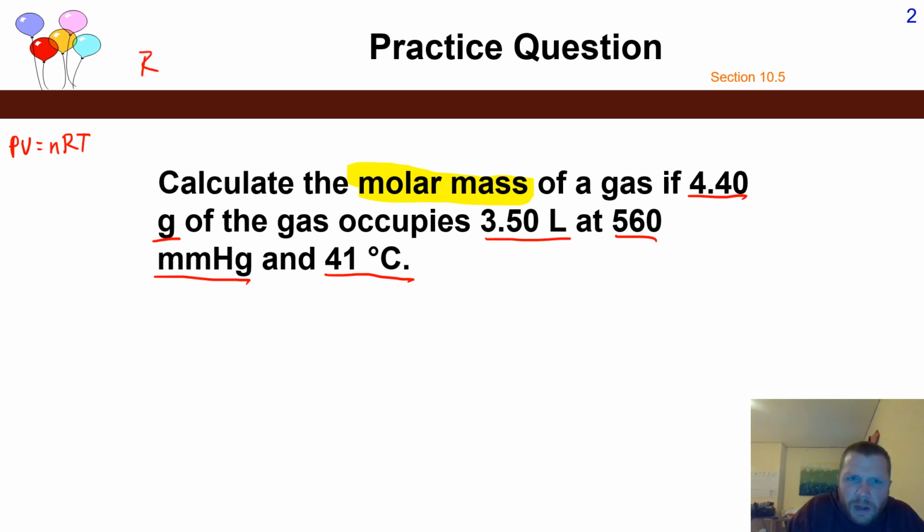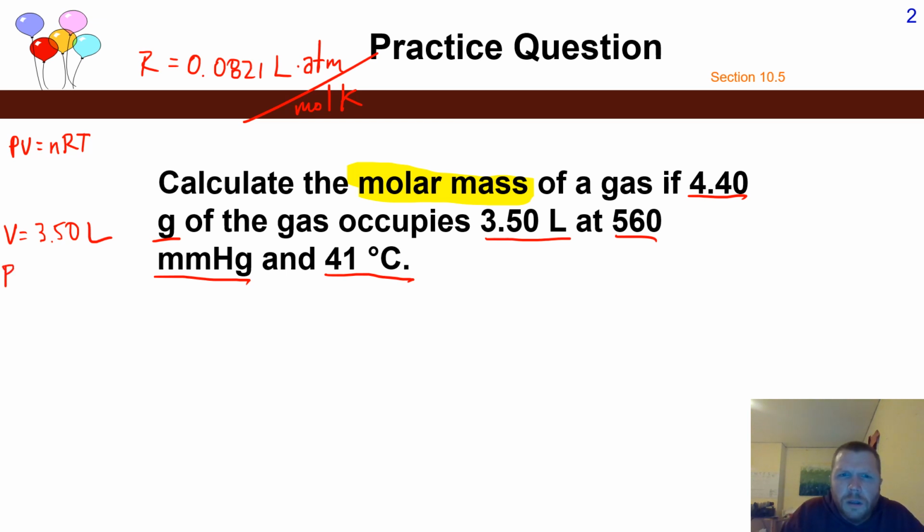I'm going to write my R value equals 0.0821 liters atmospheres divided by moles Kelvin. Okay, I'm given a volume, 3.5 liters, so I'm going to write that out. Then I'm given a pressure in millimeters mercury.